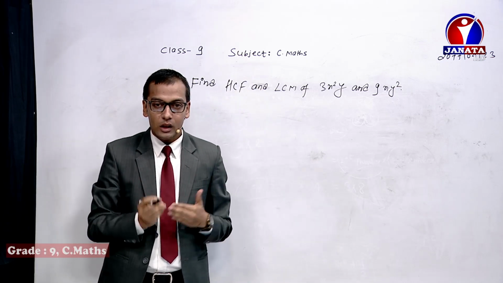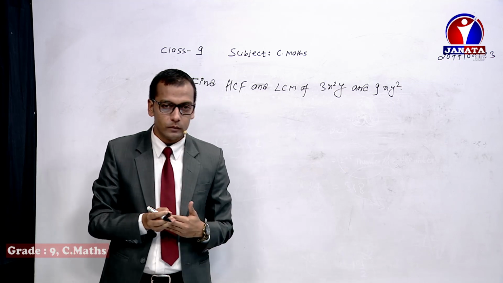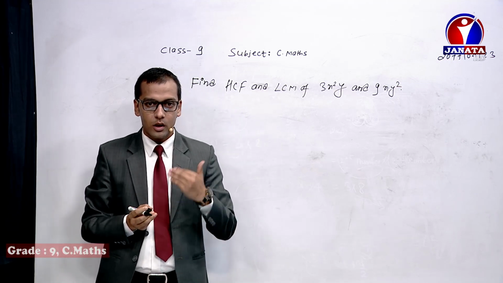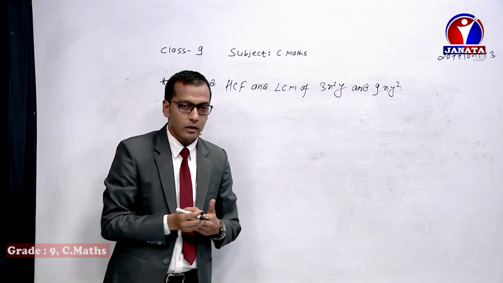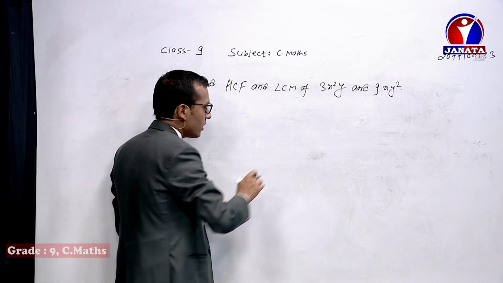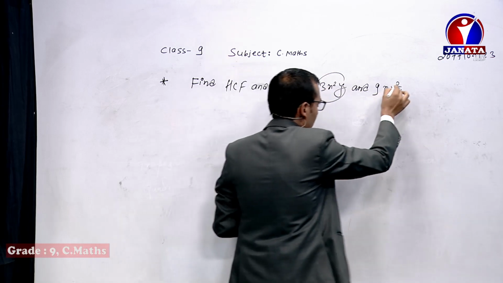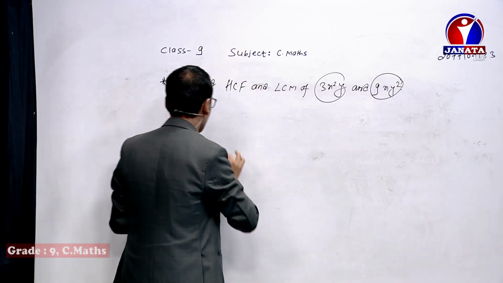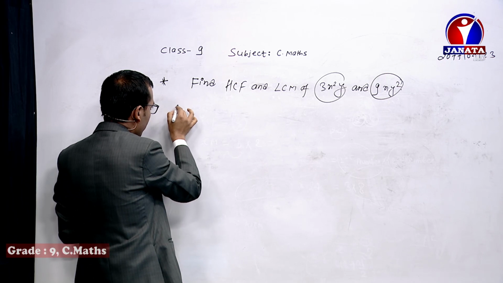So in the very beginning of this solution, first of all we need to factorize both algebraic expressions here. So this is first expression and this one is second expression. Let's write first expression.